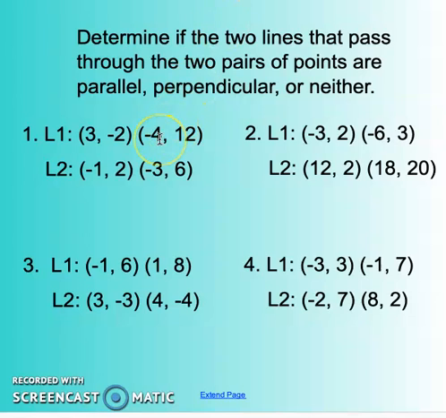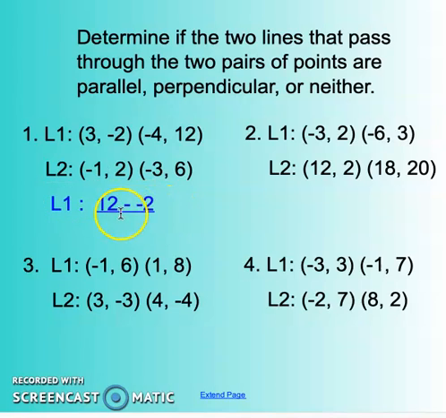Let's start off with number 1. We have 2 lines, L1 and L2, and here are the points that they pass through. Let's use our formula and start with line number 1. We subtract our y's: our second y coordinate, 12, minus our first y coordinate.